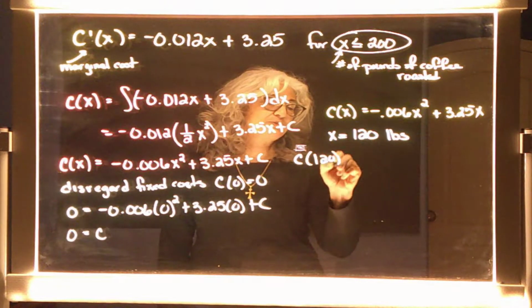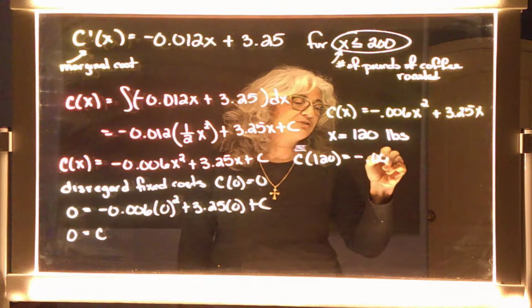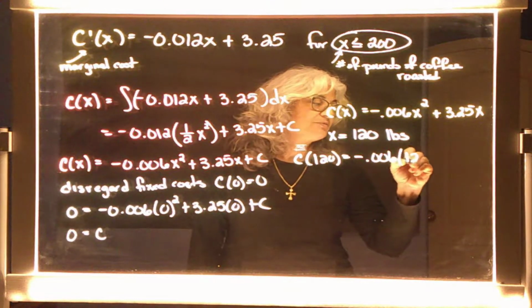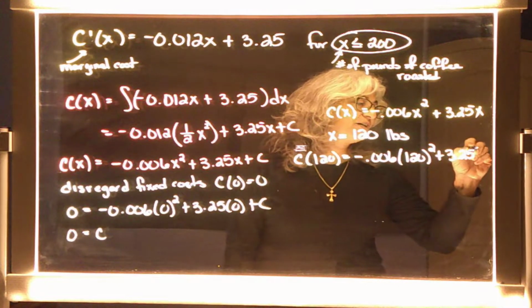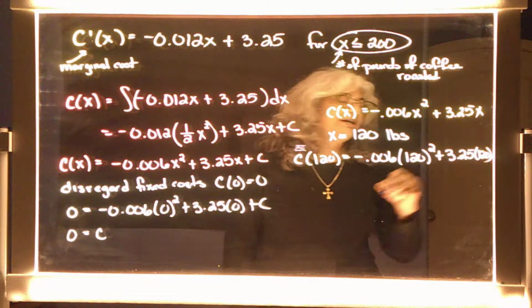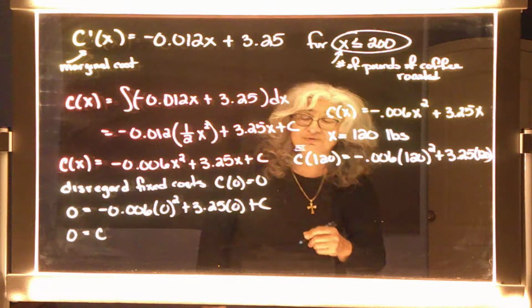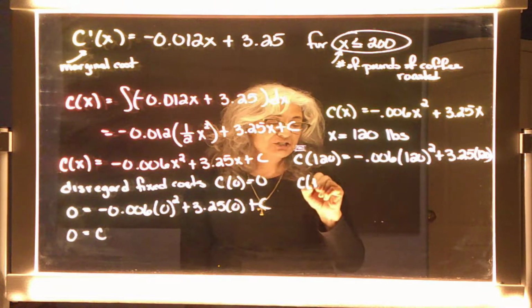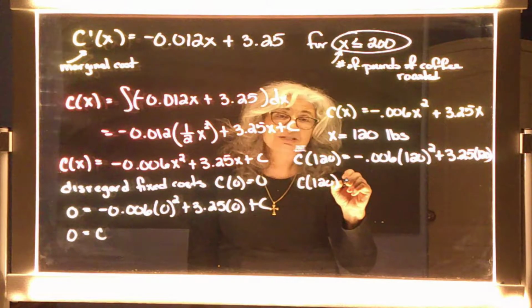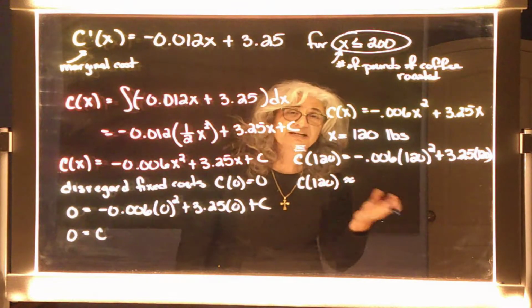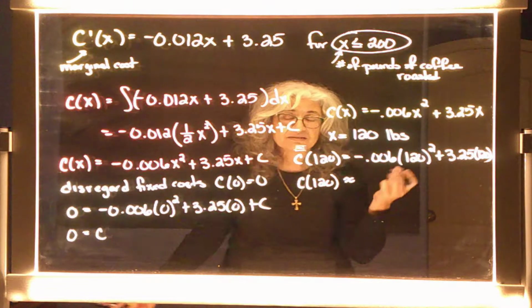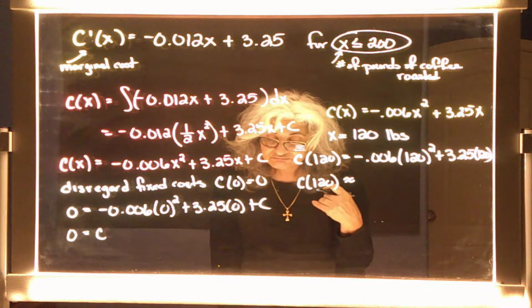So C of 120 equals negative 0.006 times 120 squared plus 3.25 times 120. I know you have your calculators out already. So what did you get for the cost of 120 pounds of coffee? They want you to round to the nearest cent.